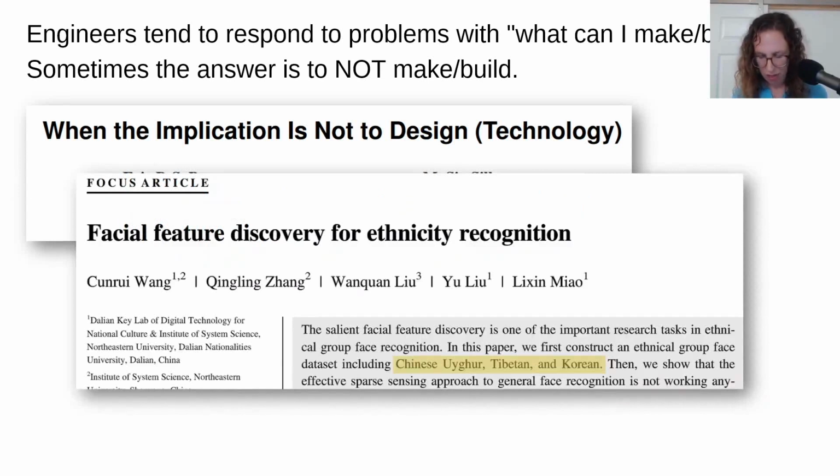One example of research that I think has a huge amount of downside and really no upside was work to identify ethnicity, particularly for people of ethnic minorities. There was work done identifying the Chinese Uyghurs, the Muslim minority in Western China, of whom over 1 million people have since been placed in internment camps. So I think this is a very harmful line of research.